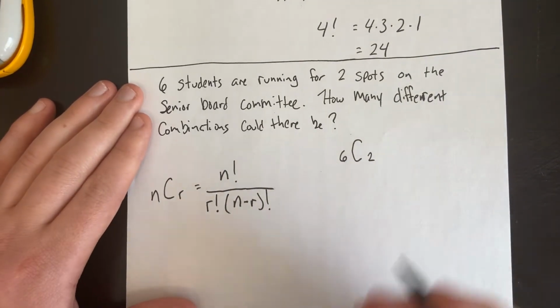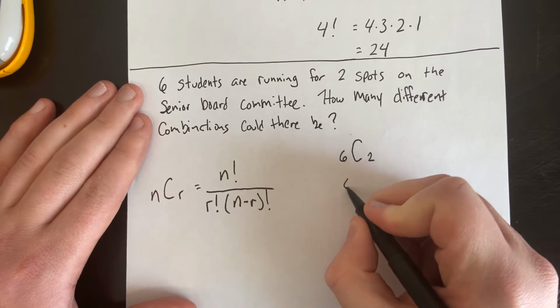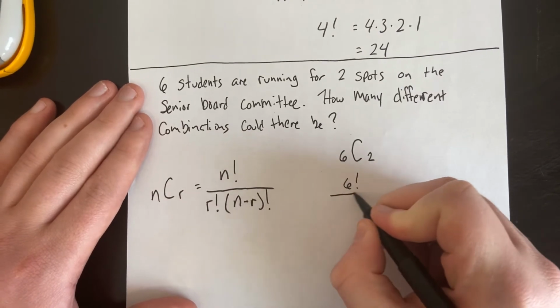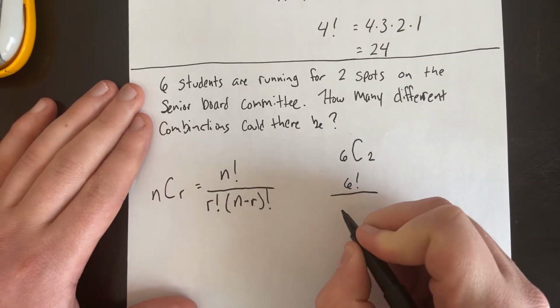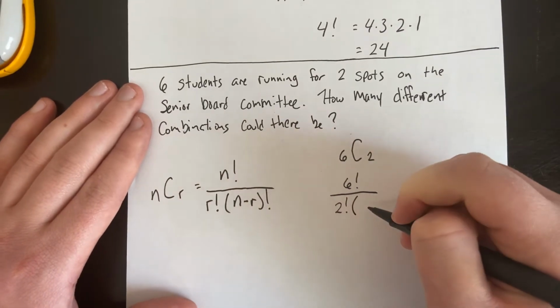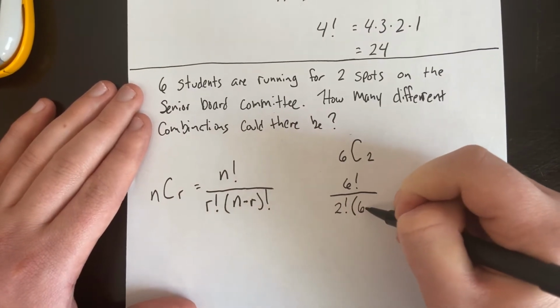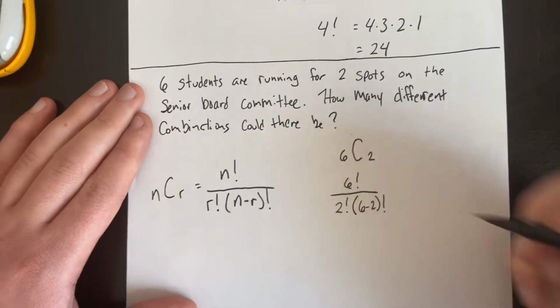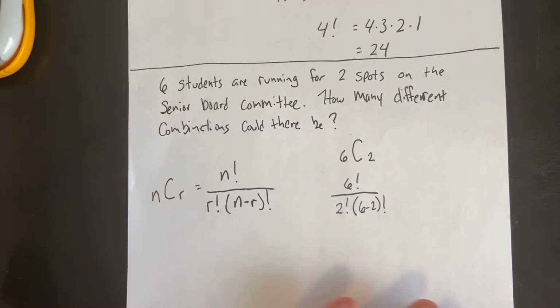Now just plug and chug: 6 factorial divided by 2 factorial times (6 minus 2) factorial.